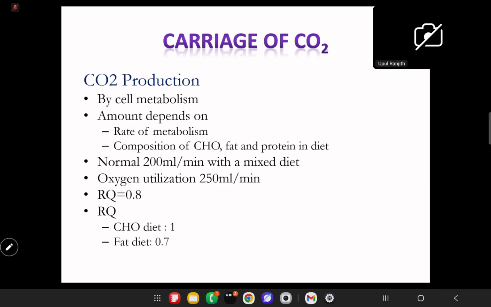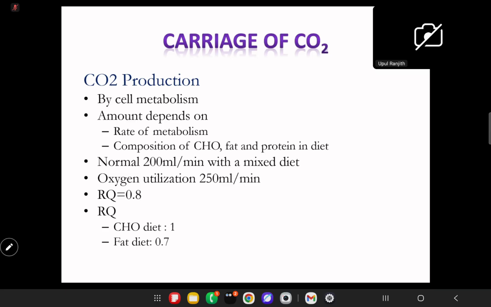This respiratory quotient is 1 if you take energy only from carbohydrate. If you are taking energy only from carbohydrate, it will be 1 because an equal amount of carbon dioxide is produced for the utilization of oxygen.